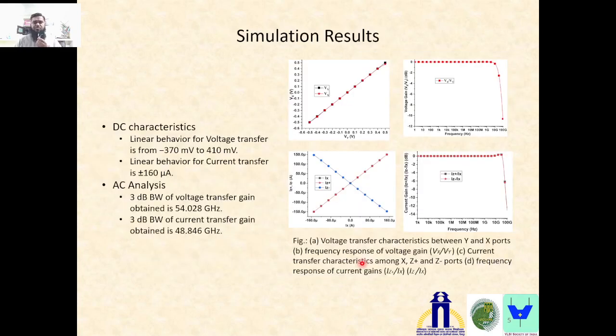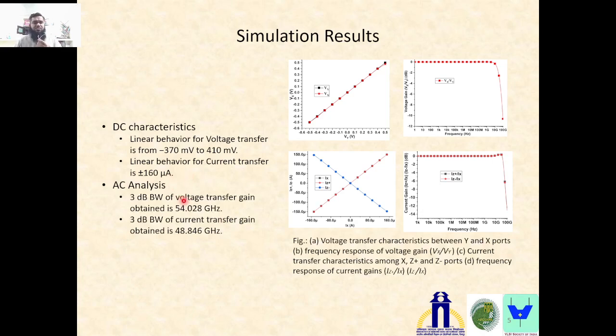Now I will provide some simulation results. Here in this slide we have DC characteristics as well as AC characteristics for voltage and current transfer characteristics. In DC characteristics, what we have achieved is the linear behavior for voltage transfer from minus 370 millivolts to 410 millivolts, while linear behavior for current transfer is from plus 160 microamperes to minus 160 microamperes.